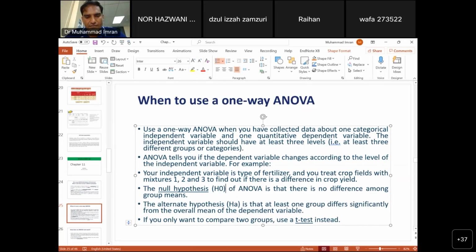There is no difference among type of fertilizer and crop yield per acre. Okay.